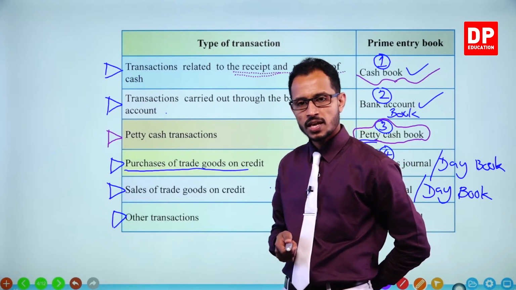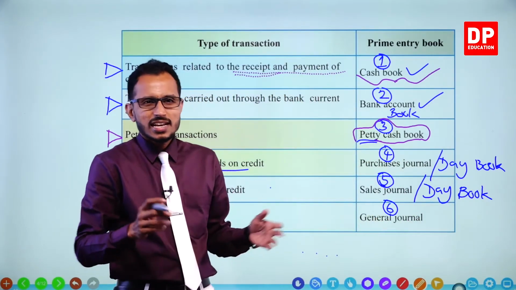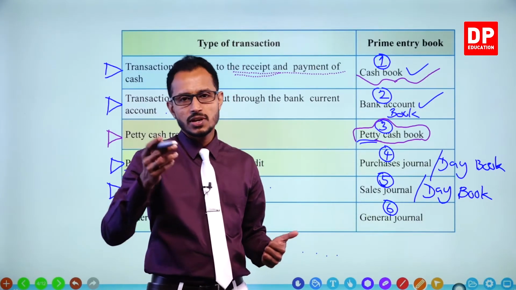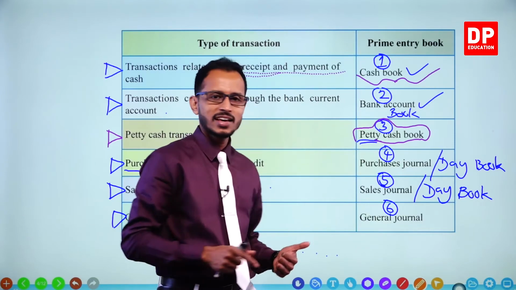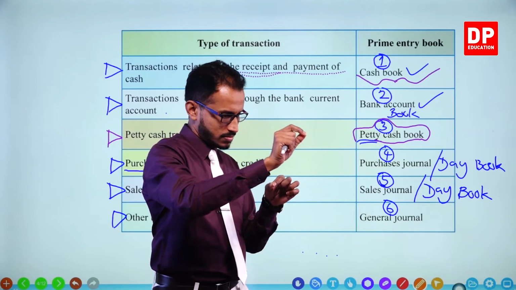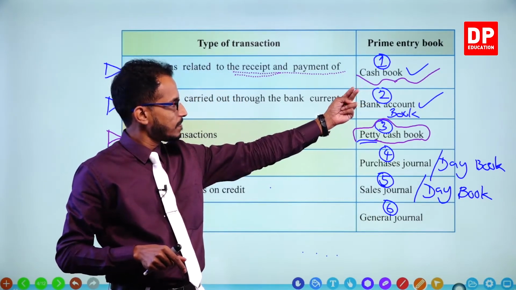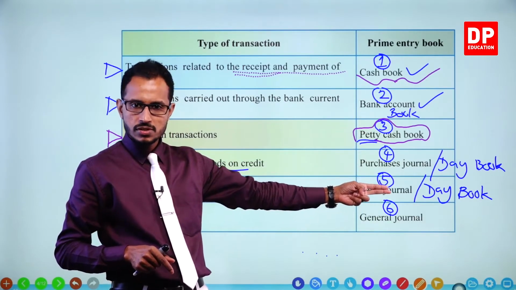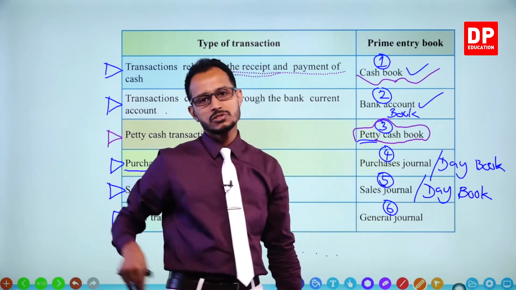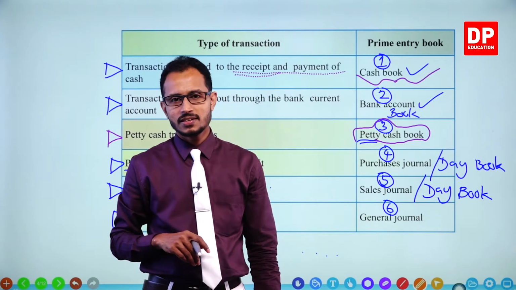Listen to this. The general journal is used just like a garbage bin, or just like the dustbin in your classroom. Every transaction which cannot be recorded in these other books, all those things go to this general journal, right?